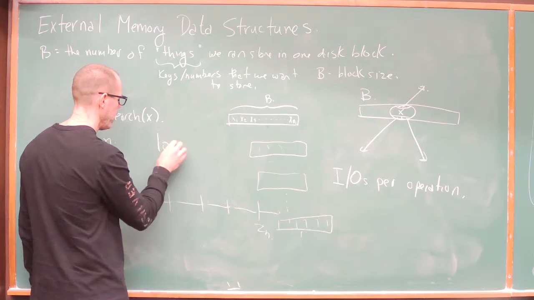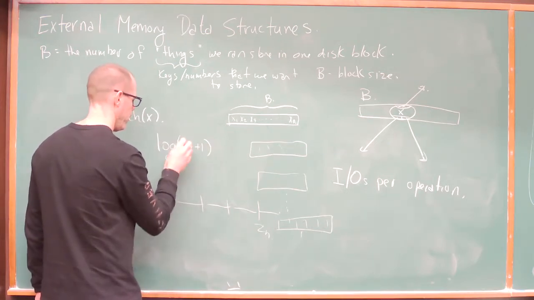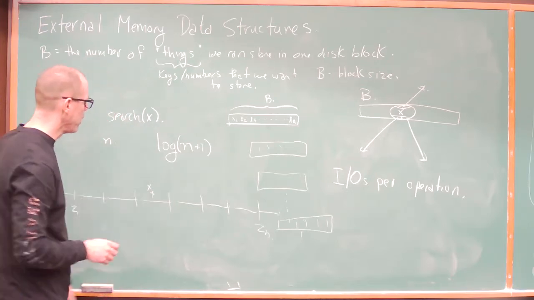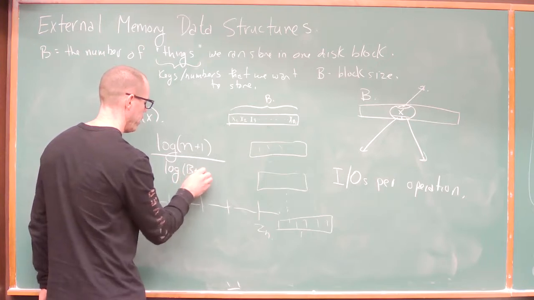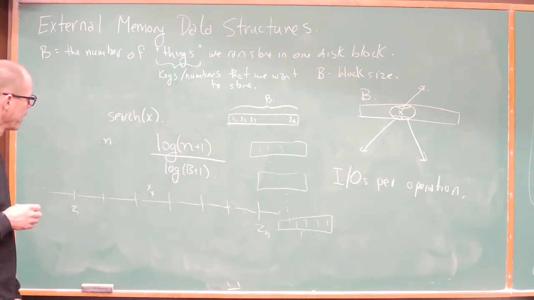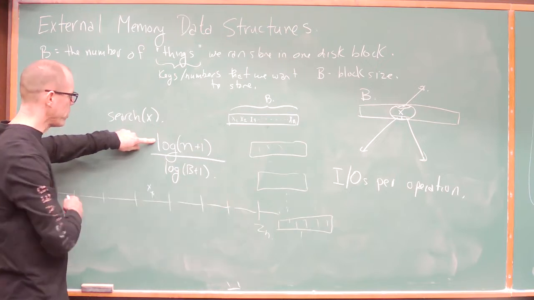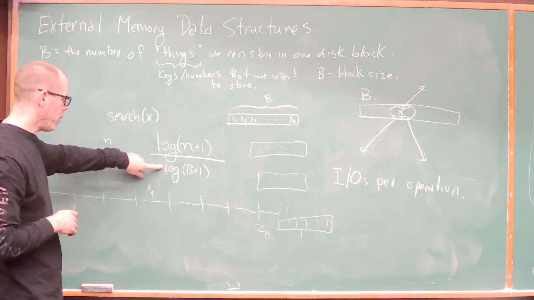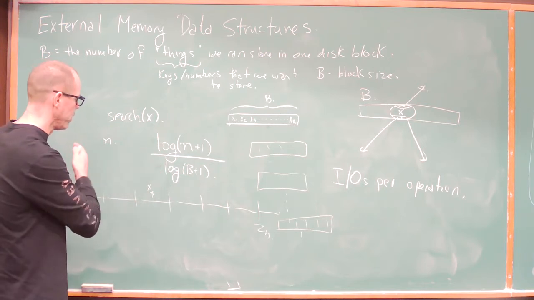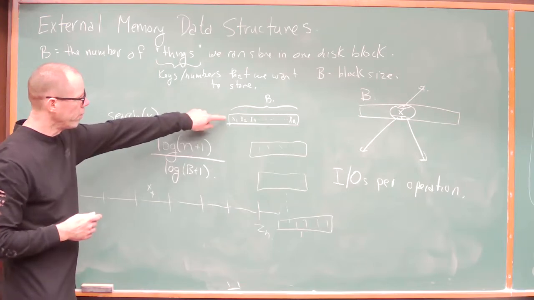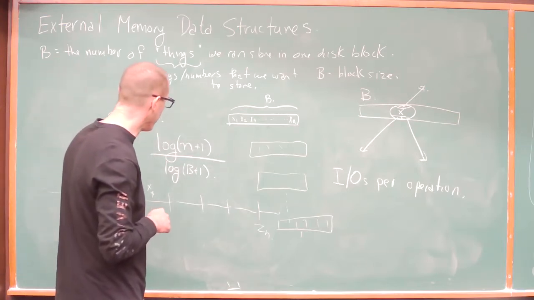And so if you think about it for a little while, you'll realize that this is going to take me at least log of n plus 1 divided by log of b plus 1 I/Os. Log of n plus 1 because that's the number of possible outcomes of the entire search, and log of b plus 1 because b plus 1 is the number of possible outcomes you get when you read one block and compare everything to what you're searching for.